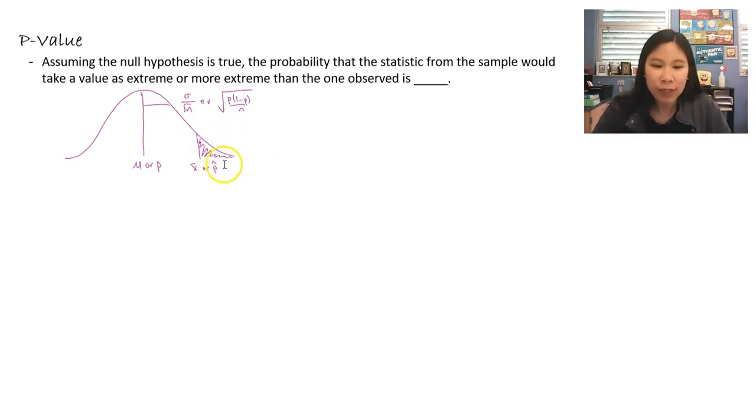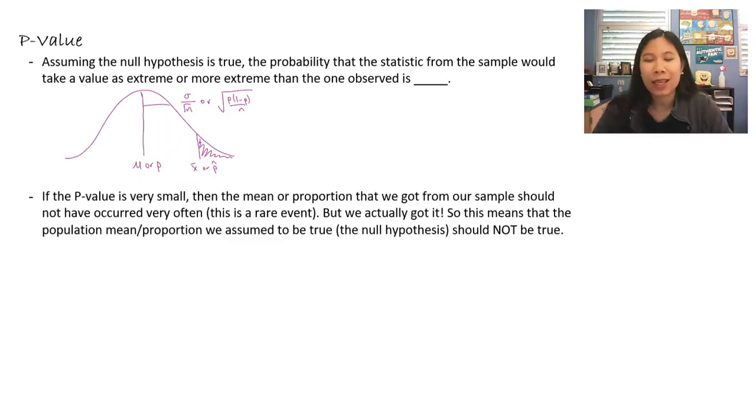So with this probability, we're trying to use that to make our decision. Does the null hypothesis seem accurate or is it false? So once we calculate that probability, if we get a p-value that is very small, small probabilities mean that event shouldn't have really happened. It's supposed to be really rare. So whatever we got from our sample, the mean or the proportion, should not have really occurred because it's such a rare event.